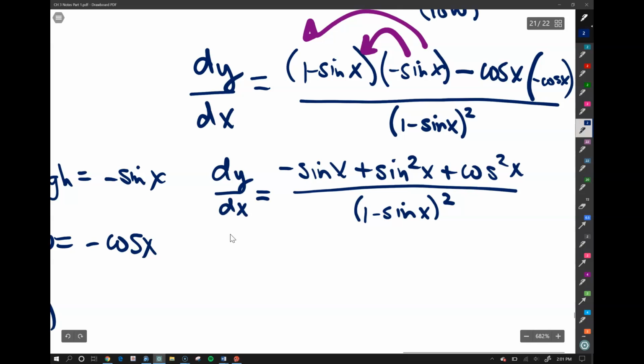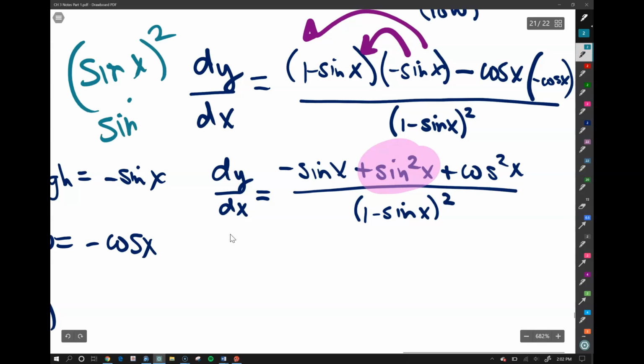Why don't you use sine x squared? Just use sine squared x. It's not sine x squared, it's sine squared x. Sine of x squared is not the same thing as sine squared x.